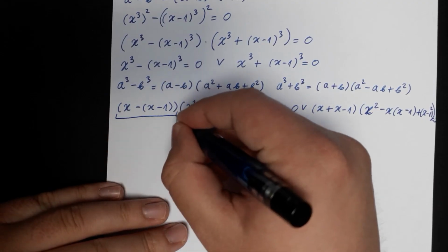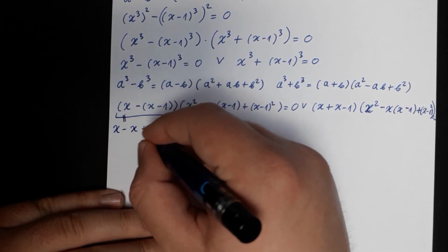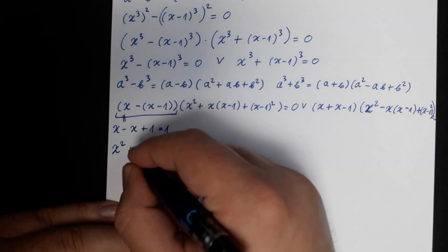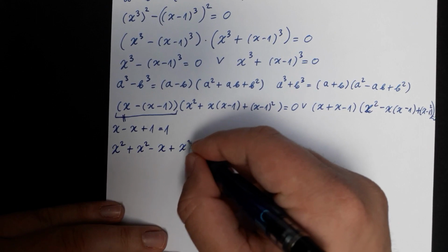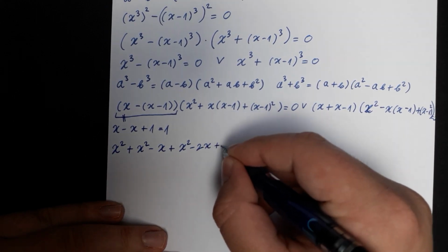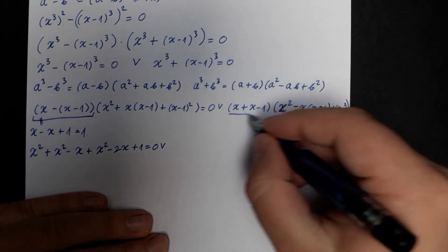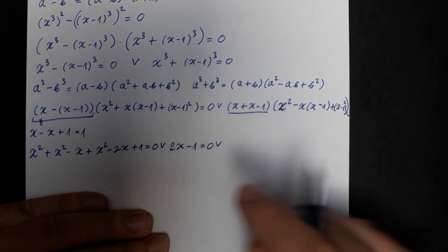Well, we clearly see that in this part of the equation, x minus x plus 1 is just equal to 1. So we are left with x squared plus x squared minus x plus x squared minus 2x plus 1 being equal to 0. In this part right here, we are left with 2x minus 1 being equal to 0.